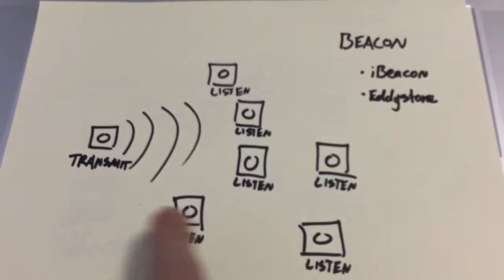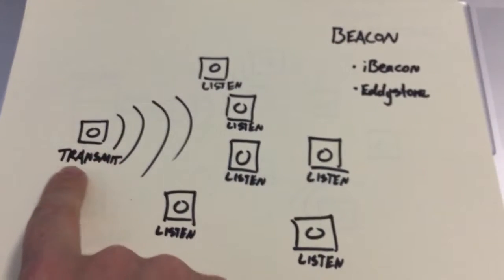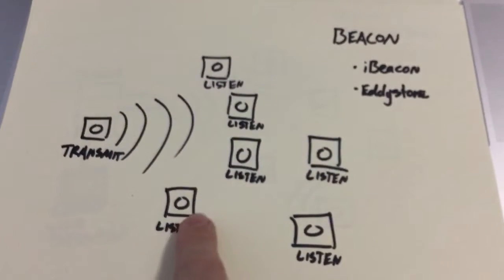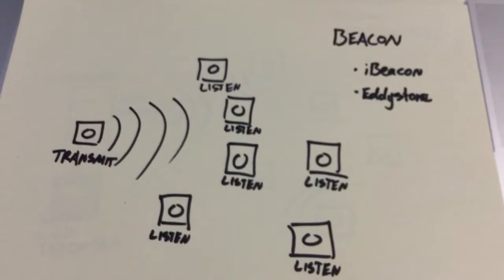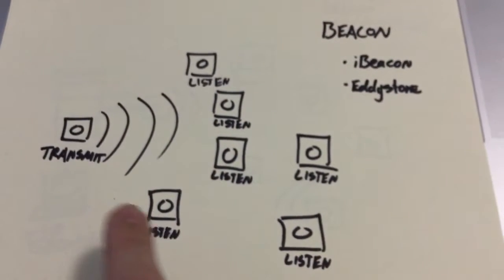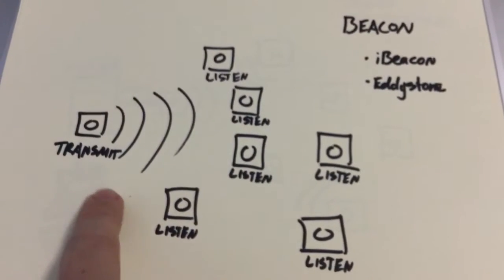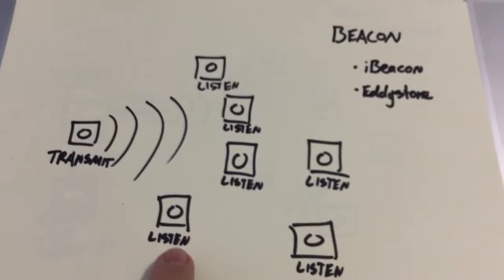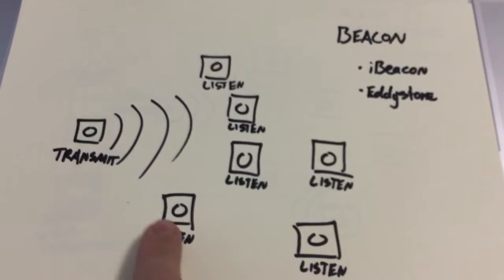This is usually used in the case where you have some store and there's a device that's sending out a unique ID, and a bunch of devices like phones are listening, and they use that information to load a different website. It's possible that all of these devices can be transmitters and listeners, where most of the time they're listening, and only when they need to send information out do they transmit.